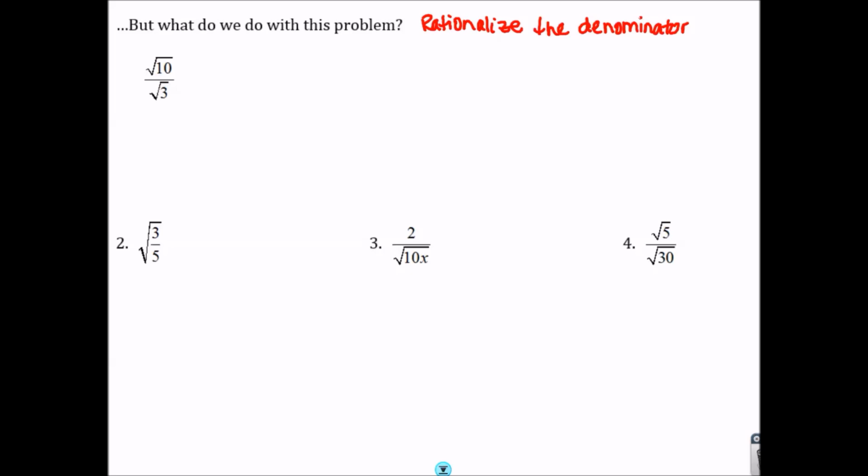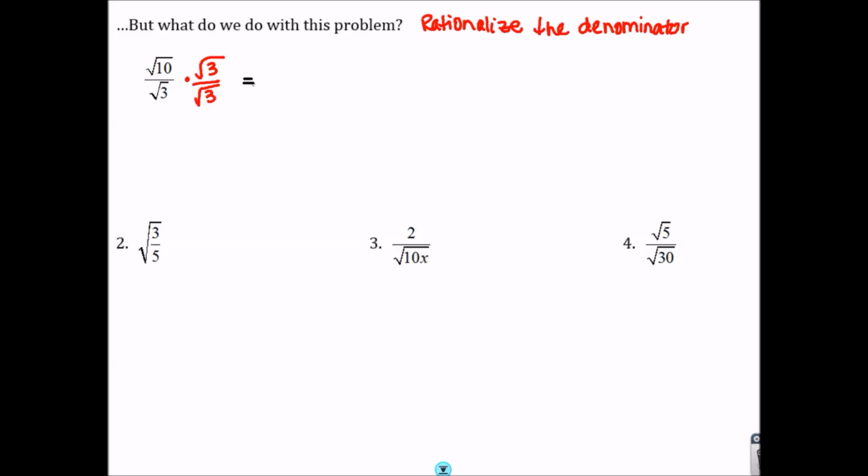So to do that, I'm going to multiply both the numerator and denominator by square root of 3. Because multiplying the numerator and denominator by the same thing means we are just multiplying this fraction by 1, so we're not changing the value, but we'll just change the way it looks.